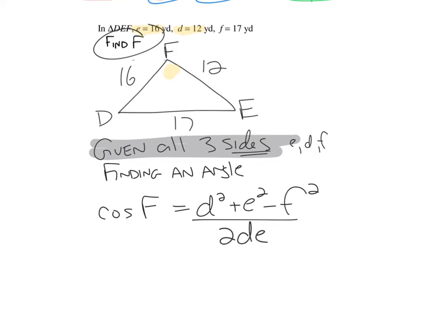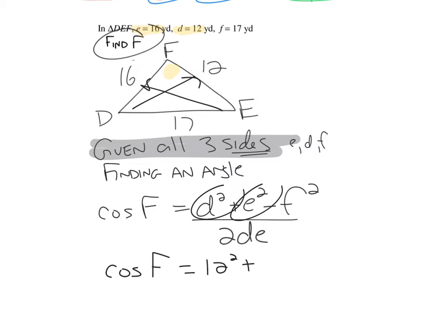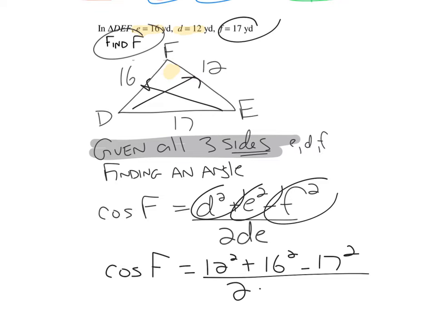So now we're going to substitute in. We have the cosine of angle F, that equals D squared, so that's going to be 12 squared, plus E squared, that's going to be 16 squared, minus F squared, so that's 17 squared, over 2 times D times E, 2 times 12 times 16.